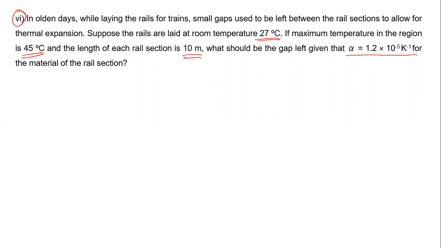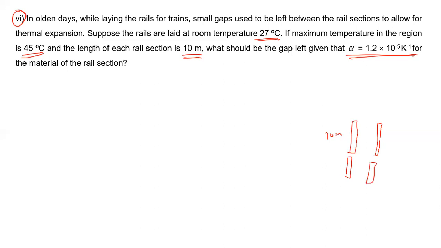So you know that this is a railway track, and this is a railway rail. Generally we keep a gap between these two. This is 10 meter long. Why do we keep a gap between two railway rails? Because when the temperature increases, due to this heat, it expands, as the railway rails are made from iron. The coefficient of expansion is 1.2 into 10 raised to minus 5 per Kelvin, given here.